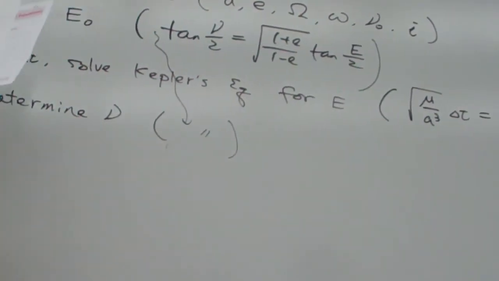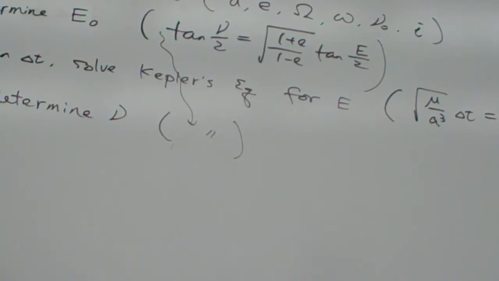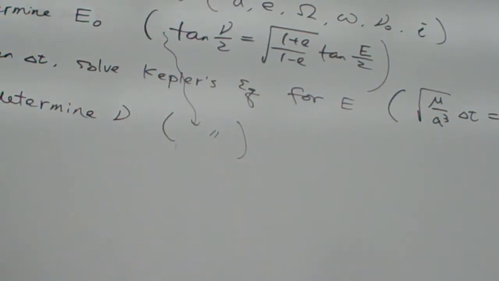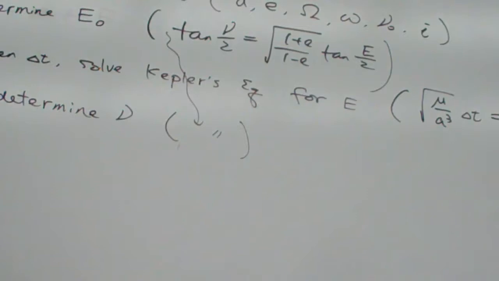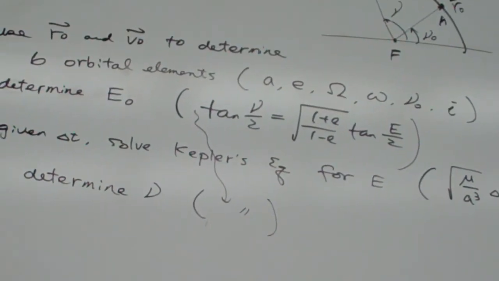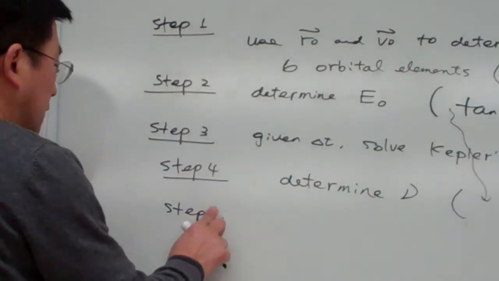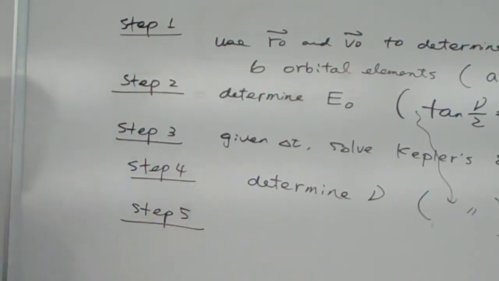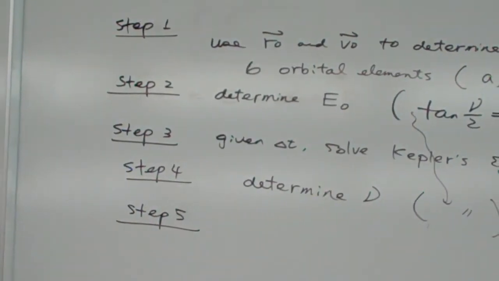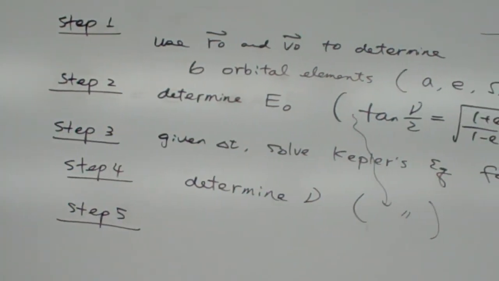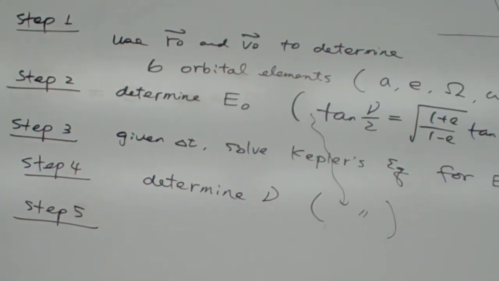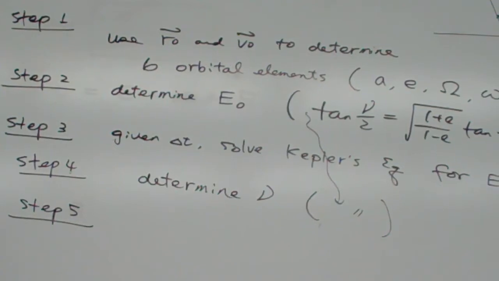Once you have that determined, basically you have the true anomaly. You can use the orbit equation to determine R, or otherwise go back to the formulas. Right now here you can see we have all the orbital equations, and we have all orbital elements.